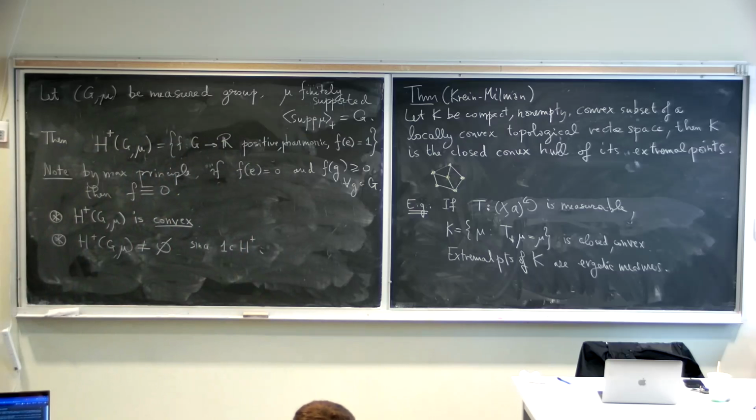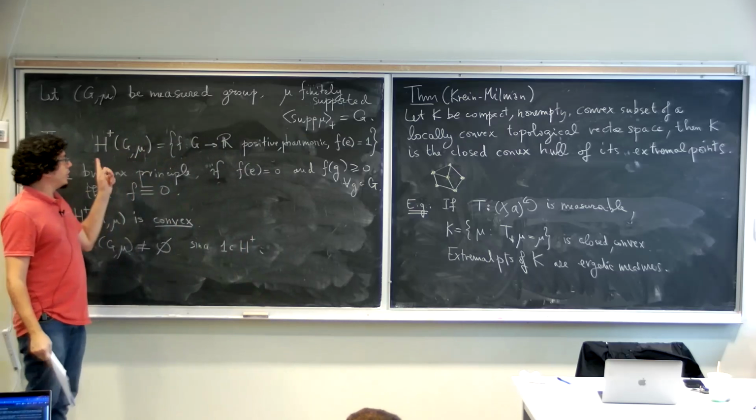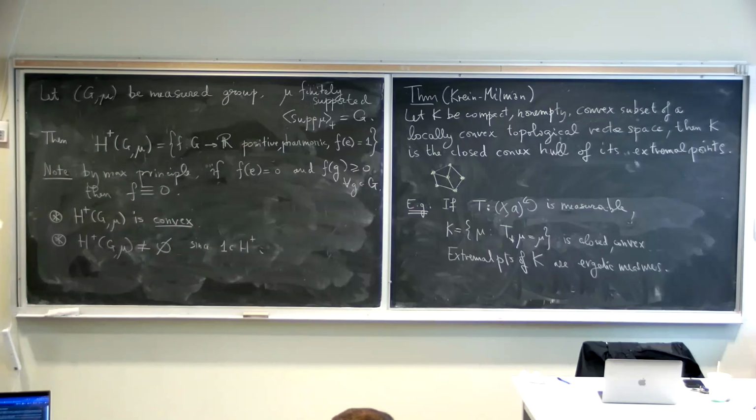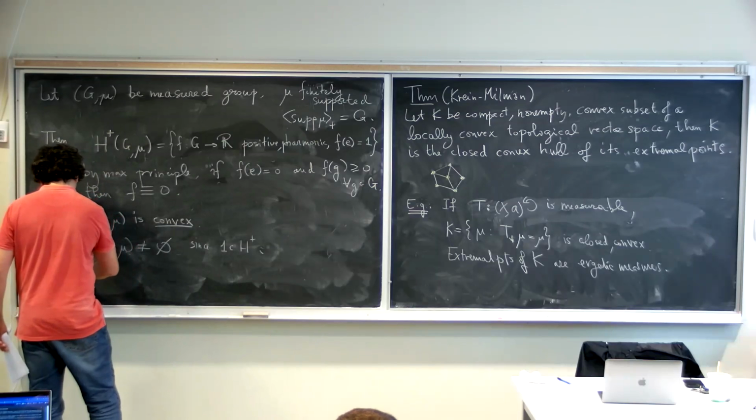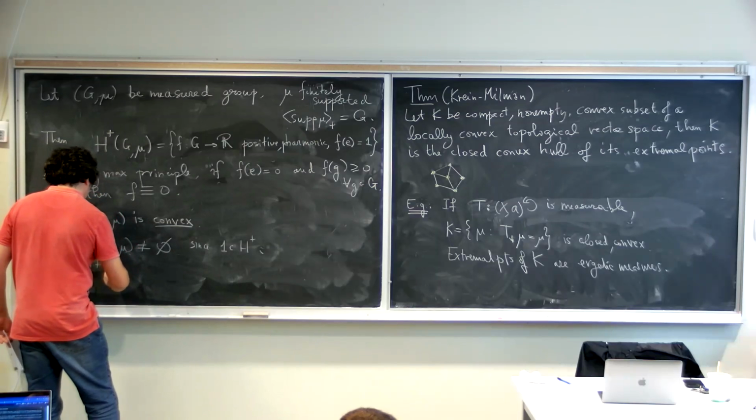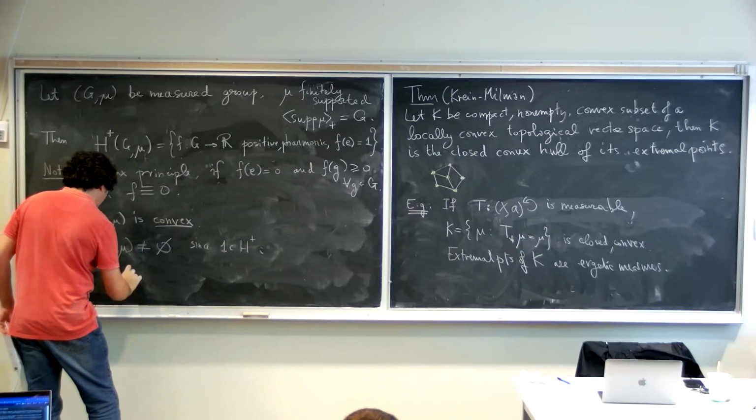Now the issue is the compactness. Okay. So to show the compactness, we need some a priori bounds, so to speak, on these functions. But the a priori bounds are not so complicated. So H plus is compact.